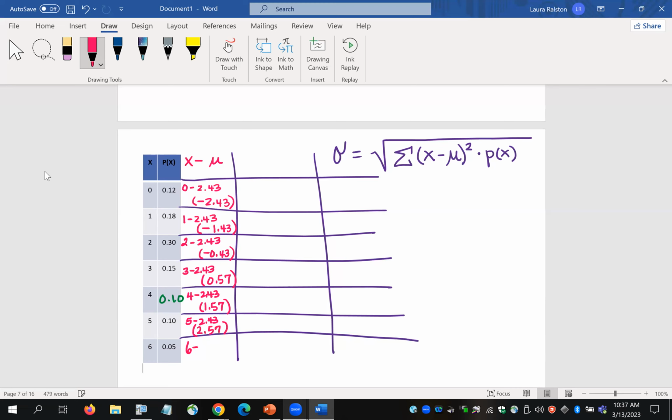And then 6 minus 2.43 would be 3.57. Okay, so I take each x and subtract the mean. The mean that we calculated was 2.43. That's why I'm using 2.43.